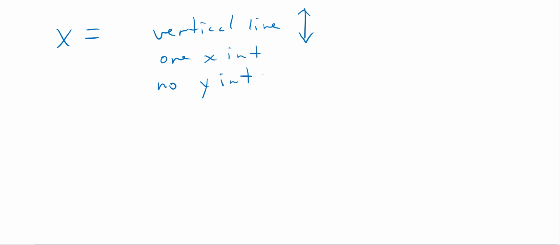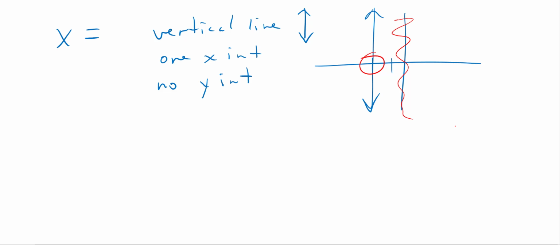There's one special case for that. But in general, one x-intercept and no y. Here, just really quickly, if I graph it. Here's the graph. One x-intercept, and it's not crossing that y-axis, so it's no y-intercept. Okay, only an x-intercept. So this one would be x equals negative 2 for that problem.